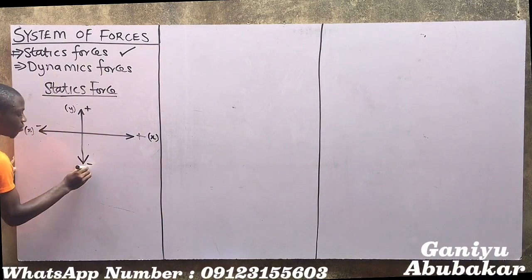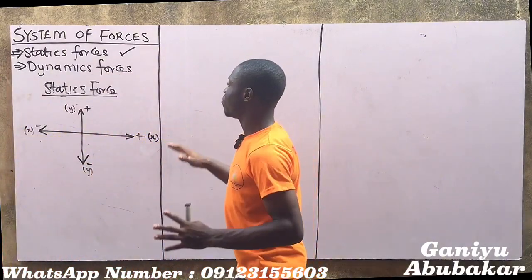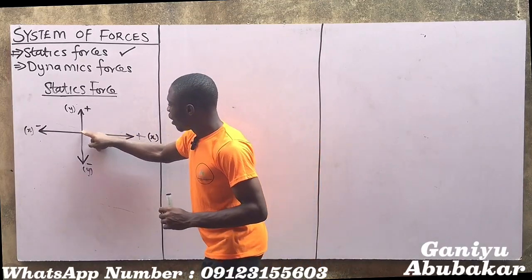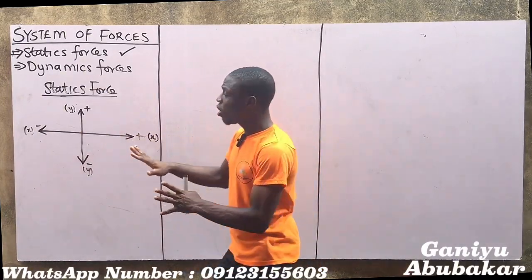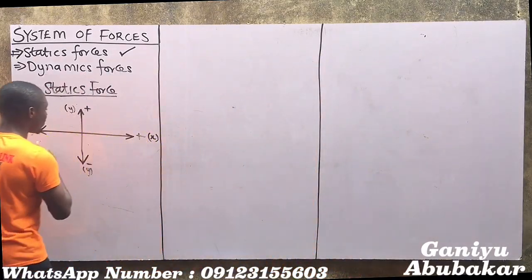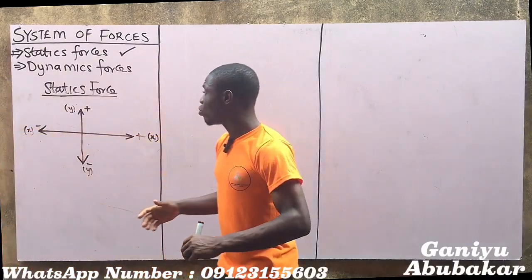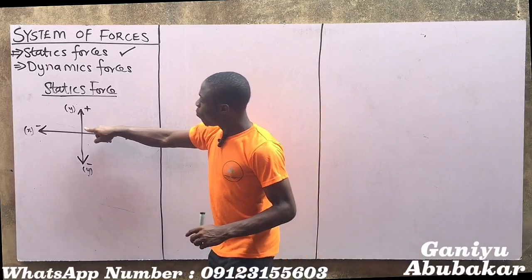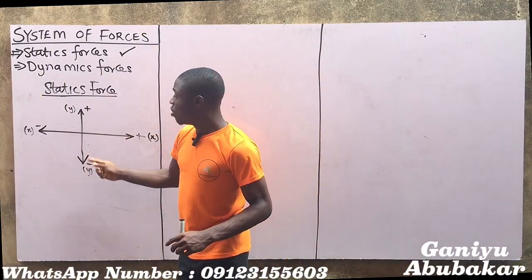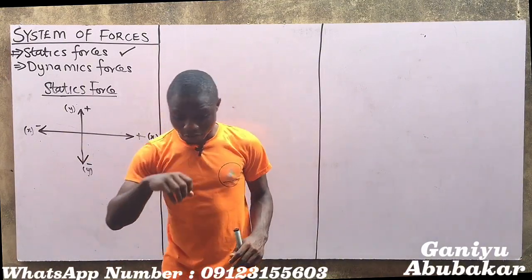Looking at it in a graph sense, when it comes to static, the upward force is positive, downward force is negative, right force is positive, and left force is negative.